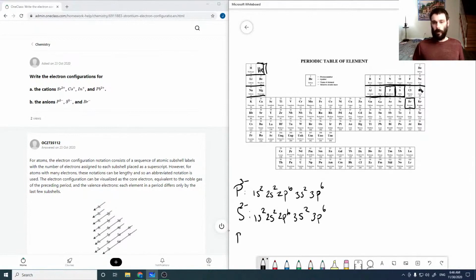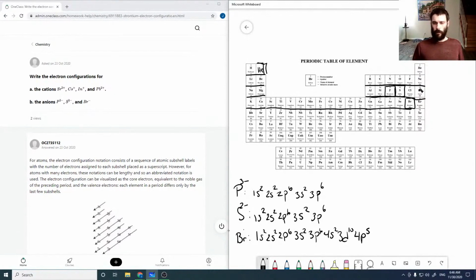And now for bromine, we've got our 1s2, 2s2, 2p6, 3s2, 3p6, so all the way across, and then 4s2, and 3d10, and then 4p5.